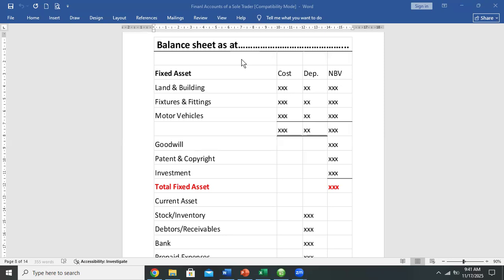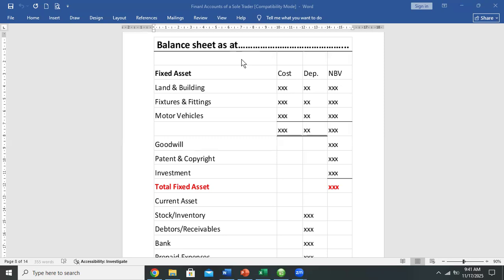If you started business in 2022, we are currently in 2025. If you were to prepare your balance sheet, it is going to show balances of your assets, capital, liability from 2022 till 2025. So it's cumulative.